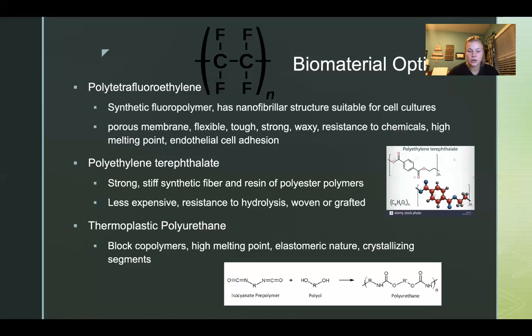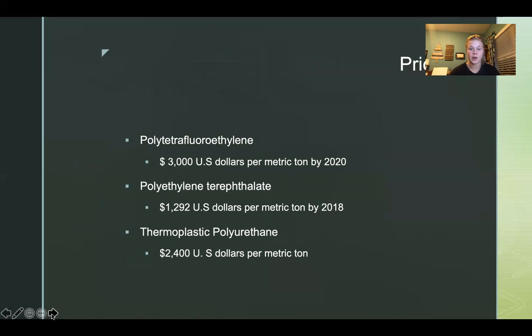My third biomaterial is thermoplastic polyurethane, which has block copolymers and a high melting point. It has an elastomeric nature, and again, it is a great replacement with great mechanical properties for a blood vessel. The economics background: polytetrafluoroethylene is about $3,000 per metric ton.